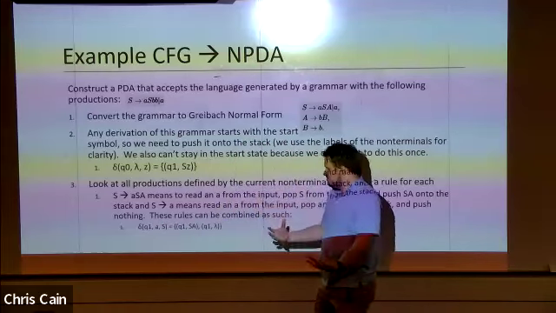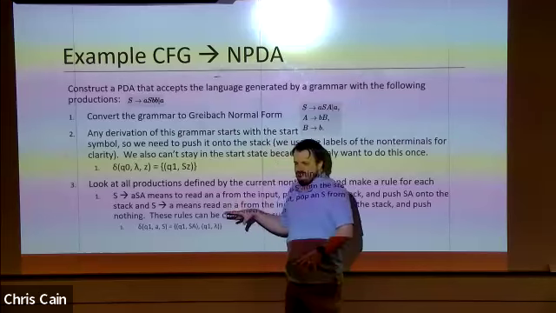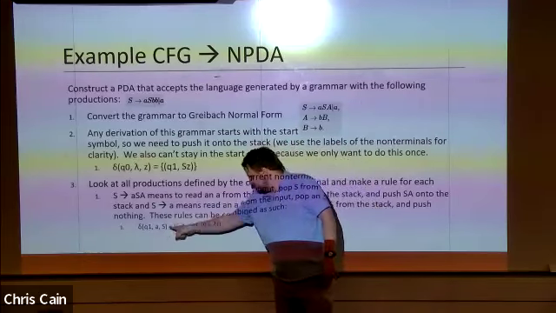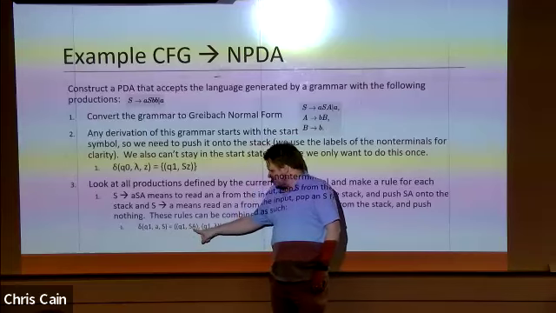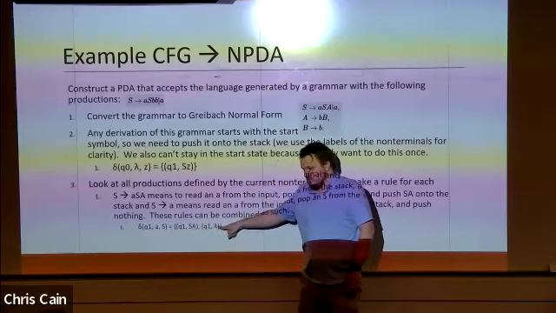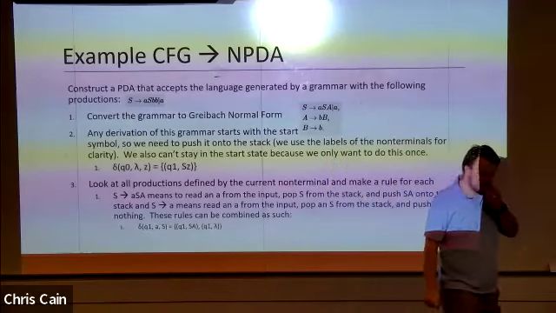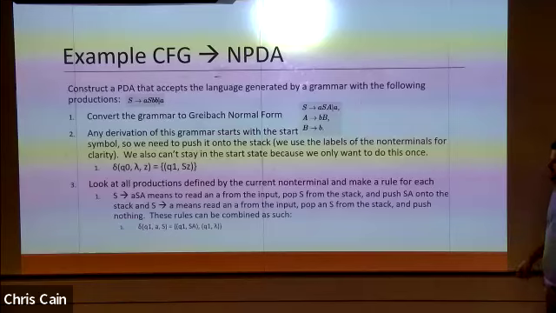So we can combine these two destinations into a set that says we can loop to Q1 and push SA, or we can loop to Q1 and push nothing. So two rules in one rule, just combine them into a set if the left-hand side of that rule is the same, which in this case it is.